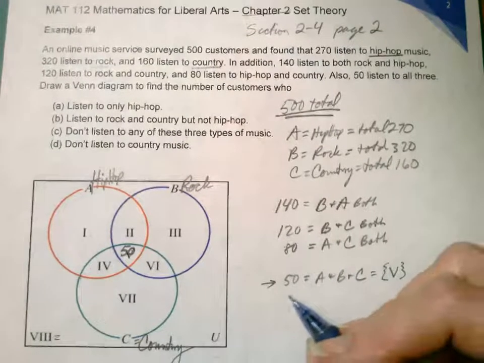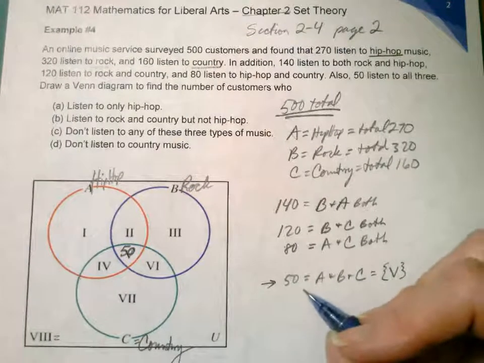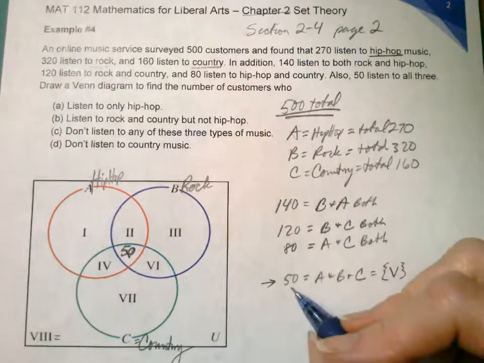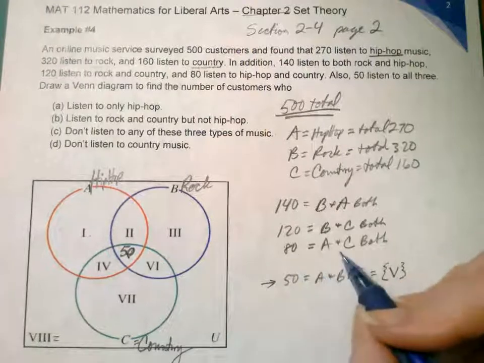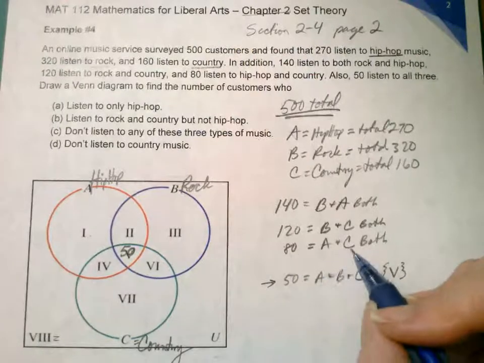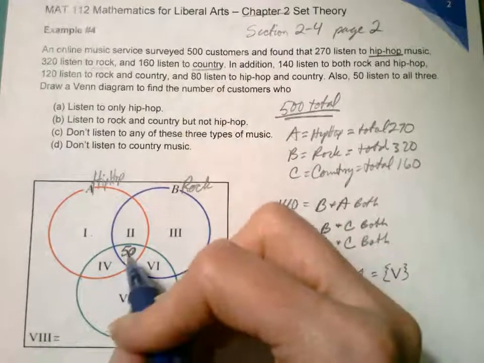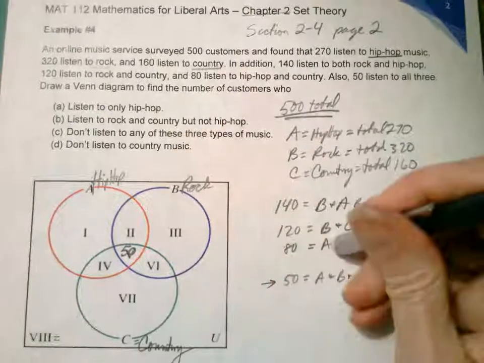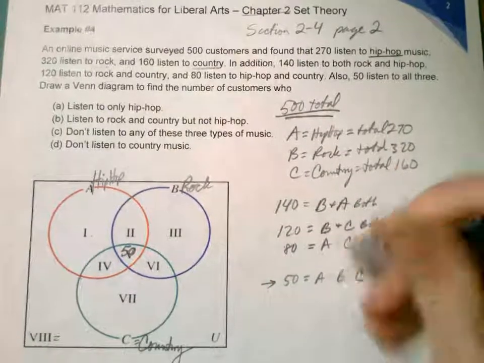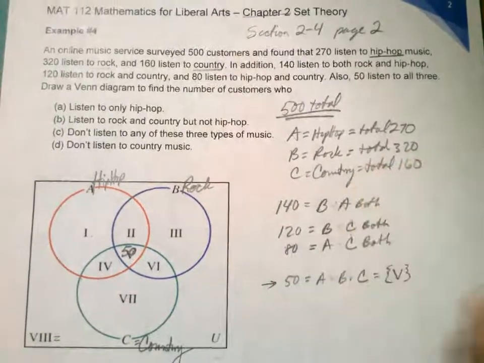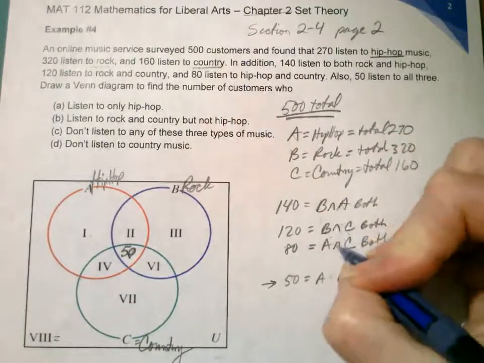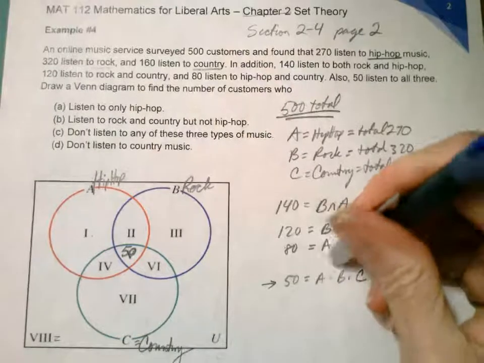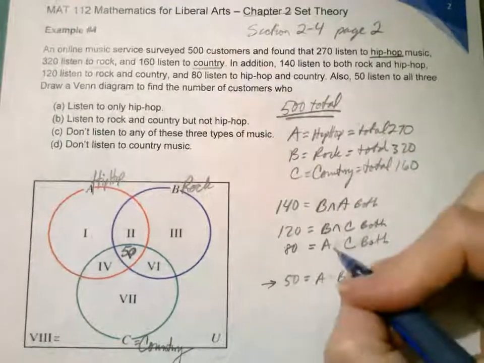So for these, I actually start at the bottom and work my way up. Innermost was 50. So then how about this 80 here? A and C, that's right here. When I said and, what's the symbol for and? Another way to say it is intersection.